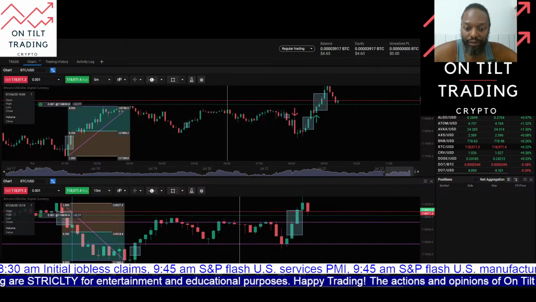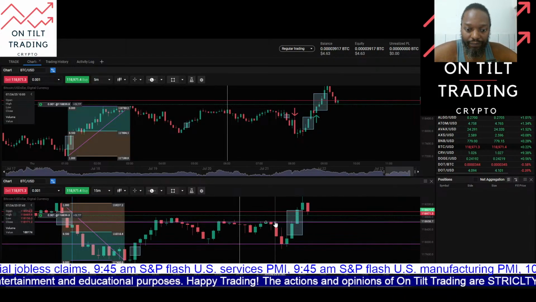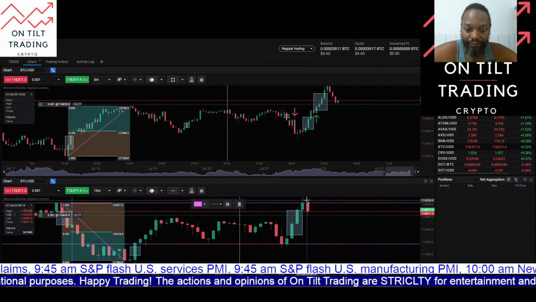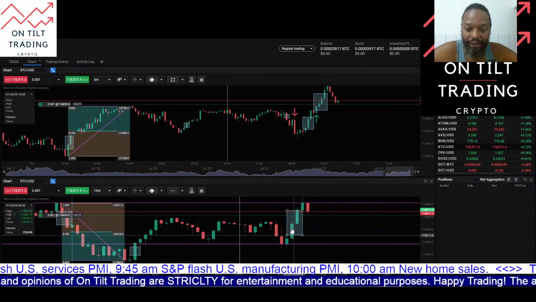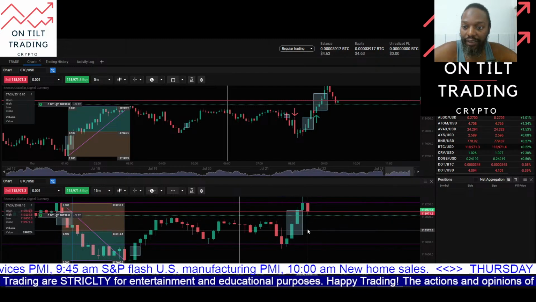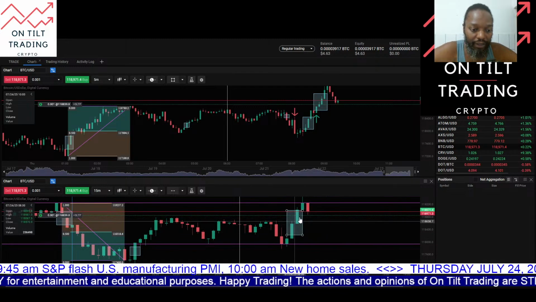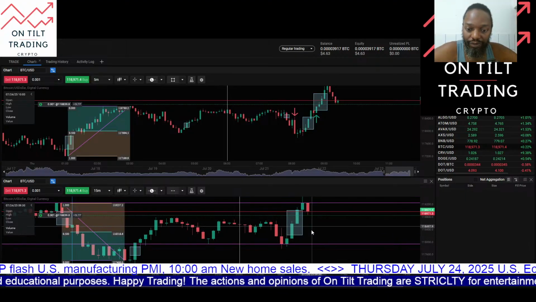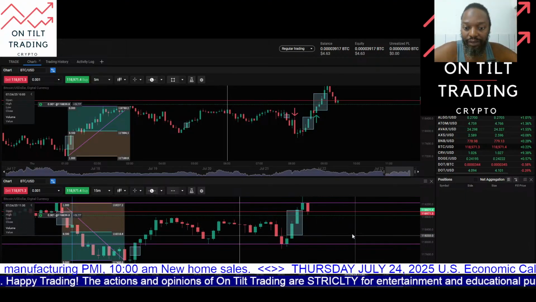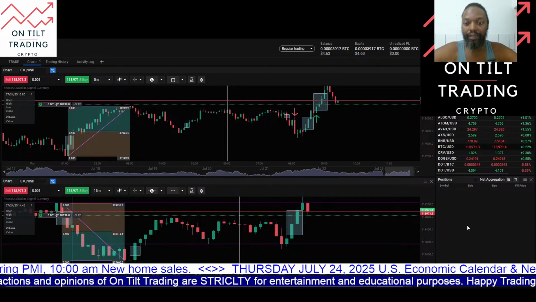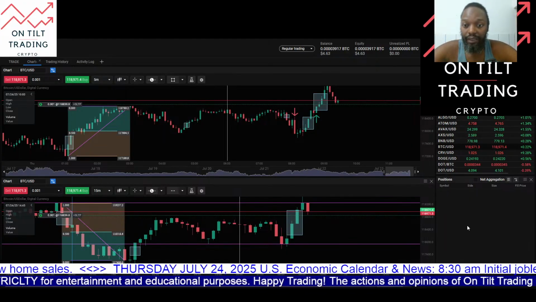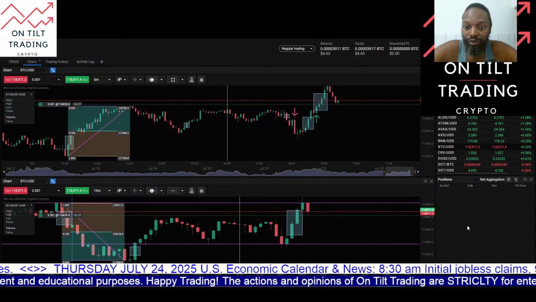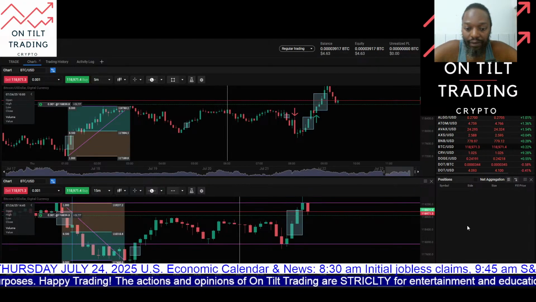Let me adjust this back. And also now using the bodies of the candles to identify structure instead of the wicks. So focusing on the institutional order flow instead of including the retail order flow with these wicks and things.